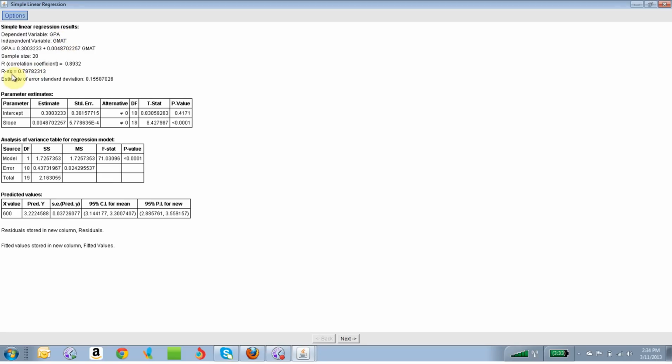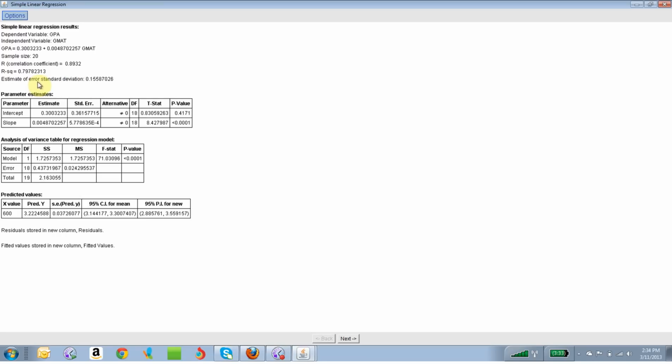Then it comes up with R squared, which is the square of R. It is 0.7978. This tells us what portion of variation can be explained, or reduced, by using simple linear regression. So roughly 79.78% of variation can be reduced.